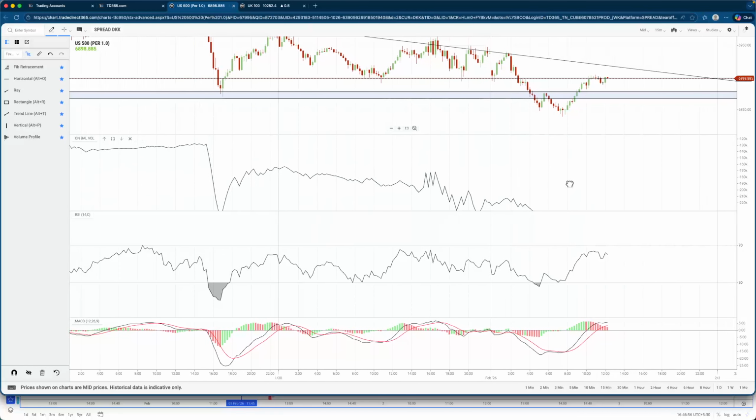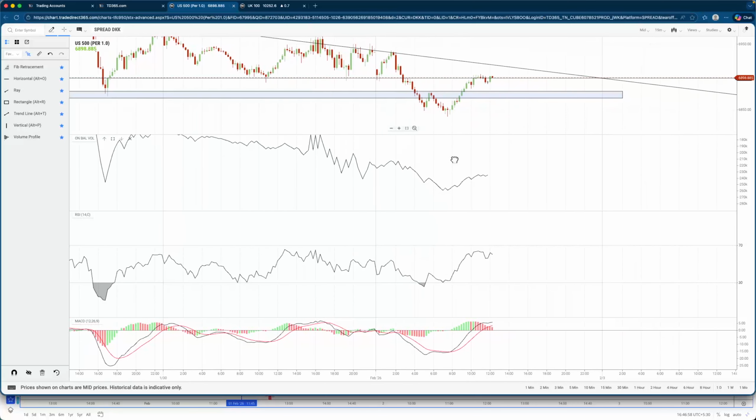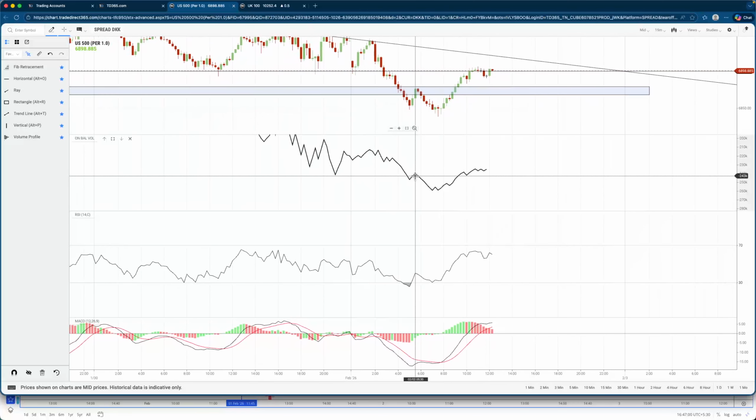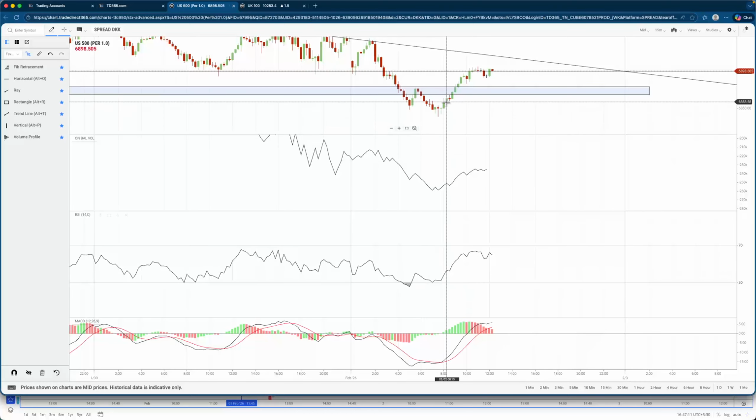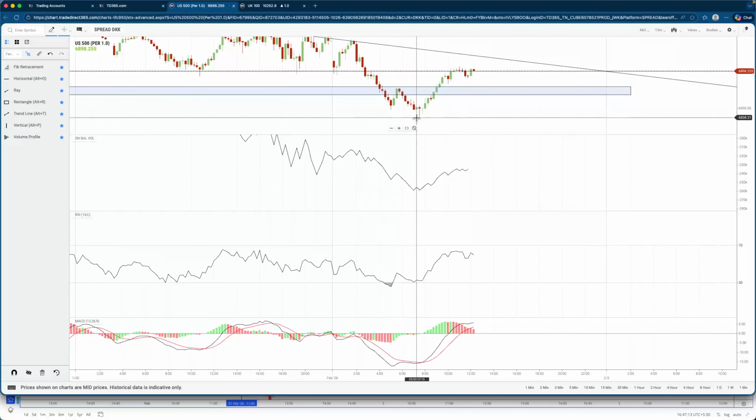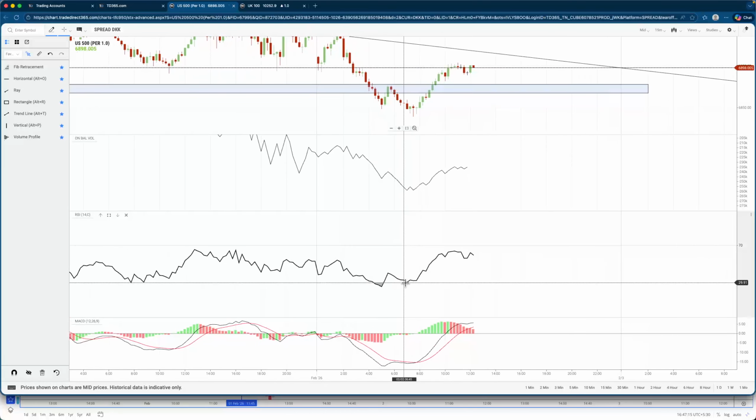Oh, that's good. Let's go back and see what happened to RSI. RSI here was again 26, which is low. The price again made a consecutive lower low, and the RSI showed the divergence that something bullish is happening.